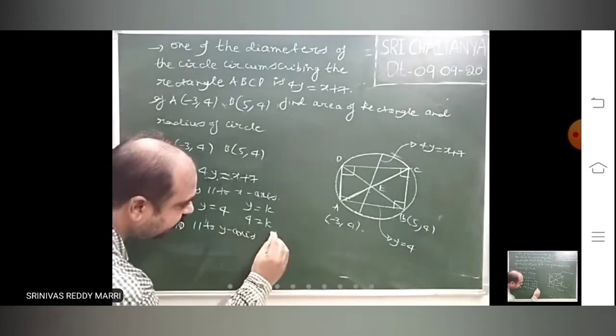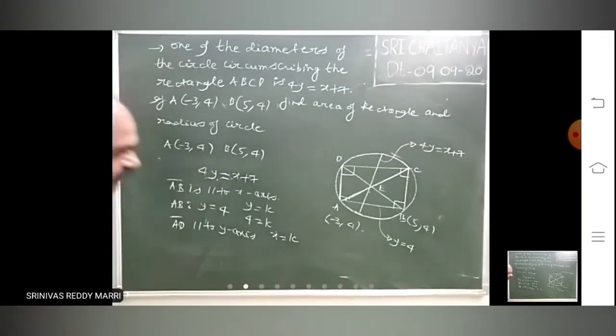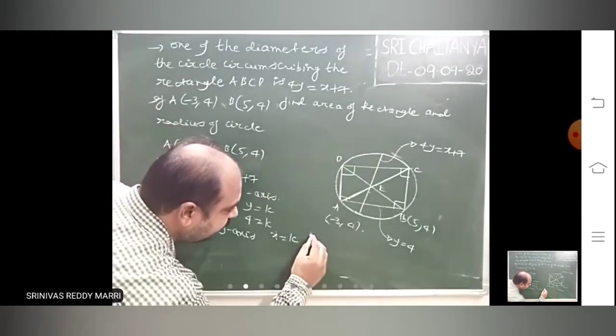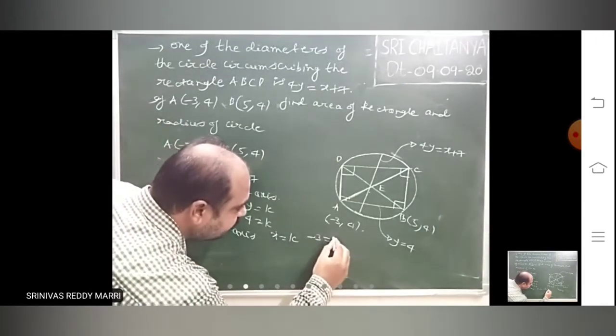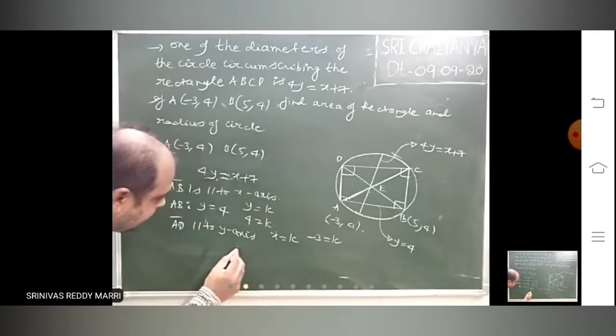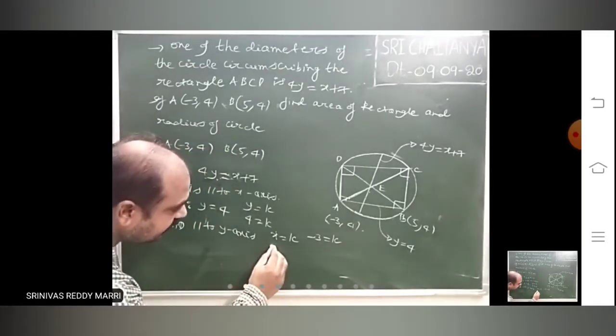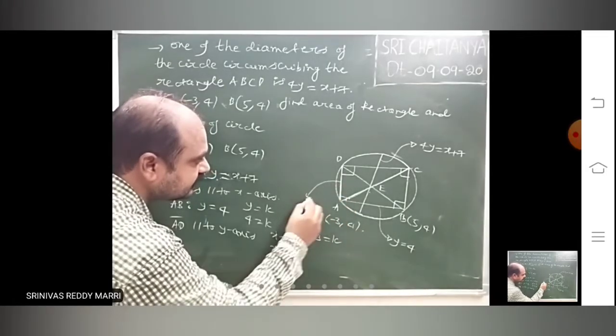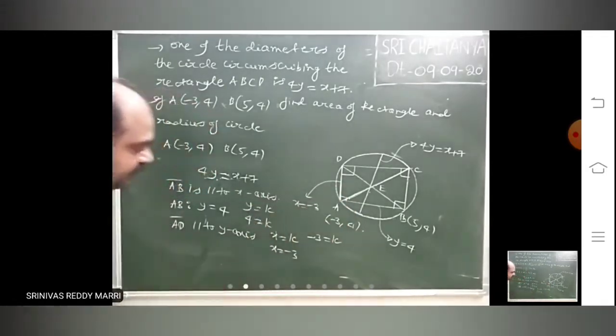Parallel to the y-axis means x equal to k, and it is passing through (minus 3, 4), so minus 3 equal to k. So this line is x equal to minus 3.